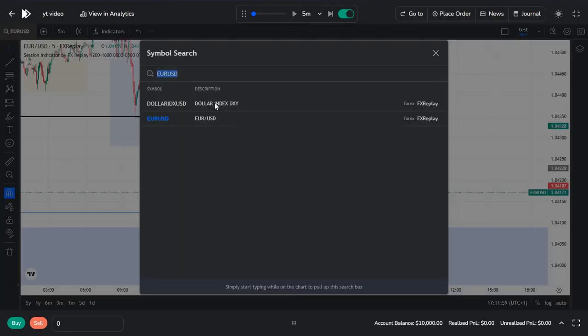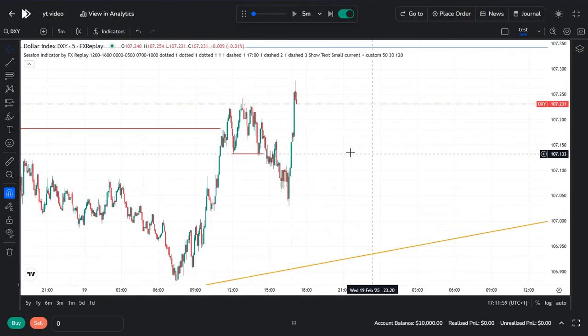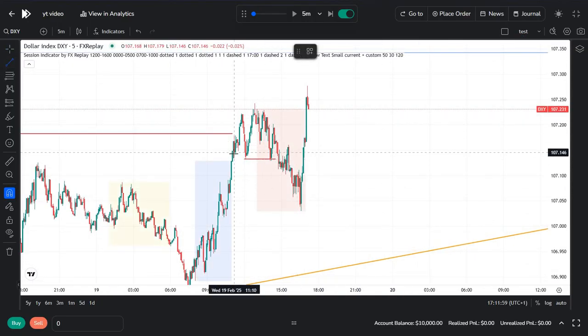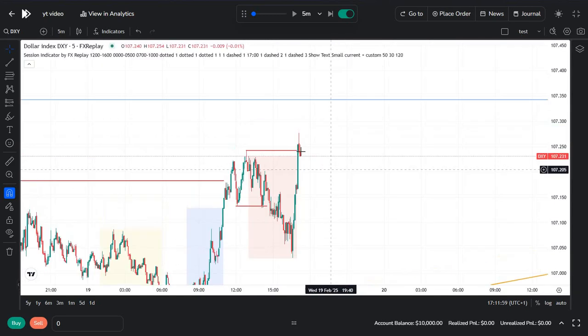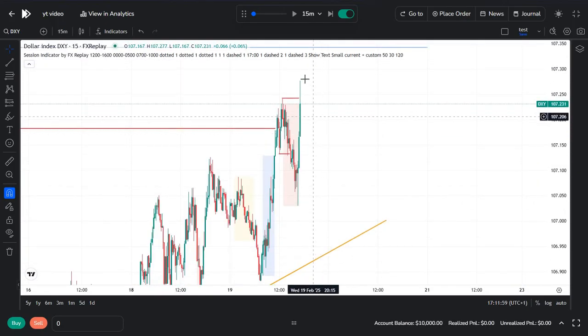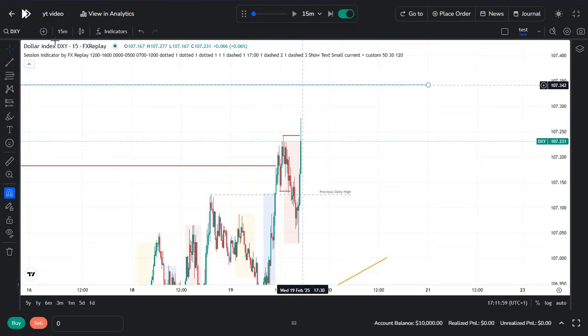And if you look at DXY, it's the same story. Here, break a structure, trap, right? Trapping everybody that's placing themselves around here, and still got the efficiency.